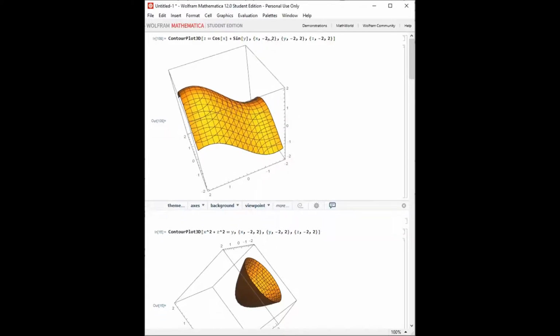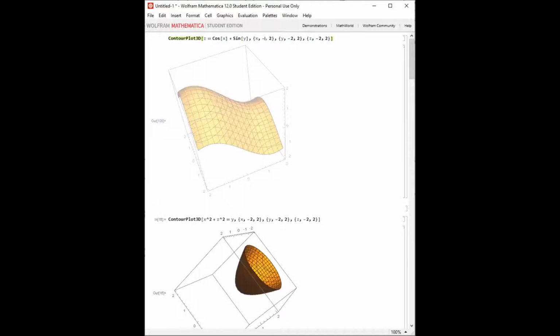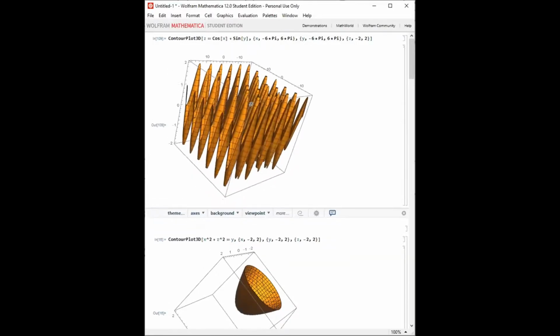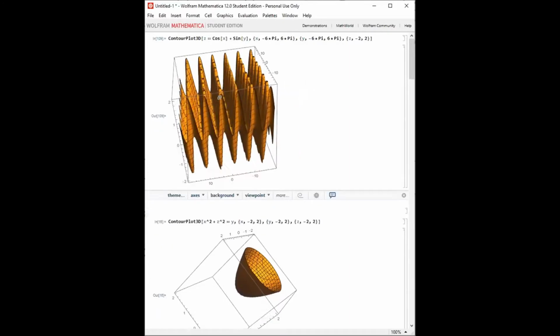Ooh, and let's do negative 6 times pi, gotta be capital, 6 times pi, and we'll just repeat that for over here, just so we can get the whole image that's going on. Oh my goodness. Maybe it was too big. Anyway, look how crazy that is.